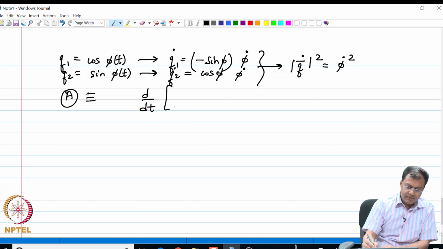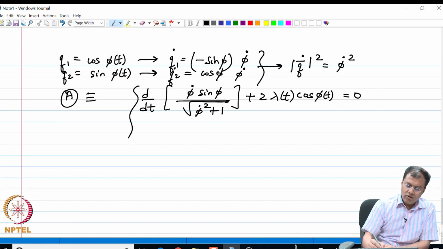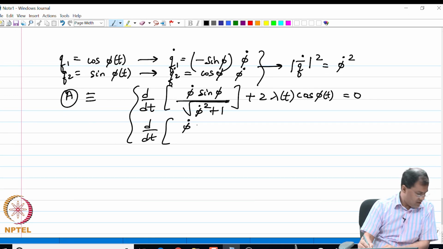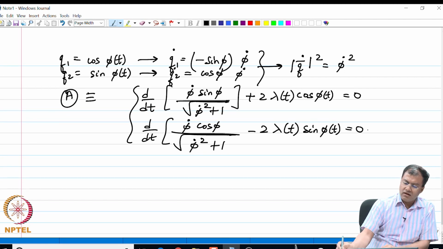So, d/dt of the first relation gives me d/dt of phi dot sin phi divided by square root of phi dot square plus 1, plus 2 lambda t cos phi of t is equal to 0, and then d/dt of phi dot cos of phi divided by phi dot square plus 1, minus 2 lambda t sin of phi of t, this is also equal to 0.